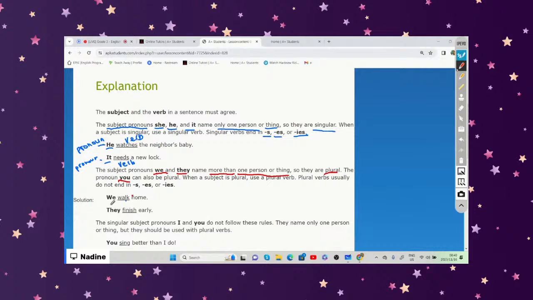For example, we, referring to more than one person: we walk home.